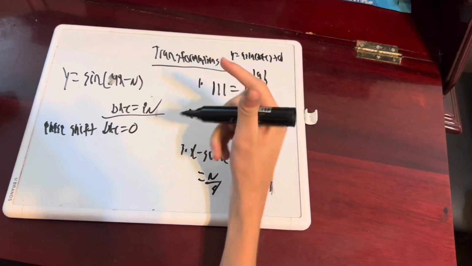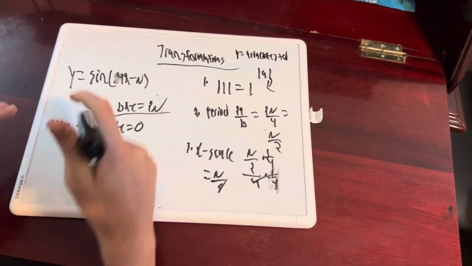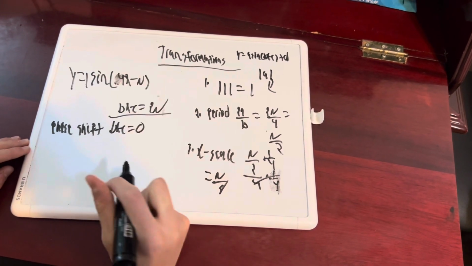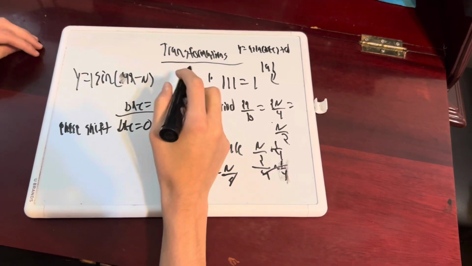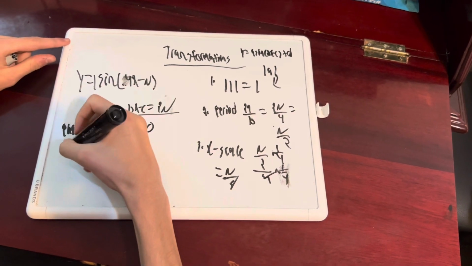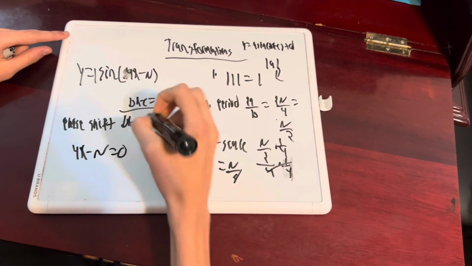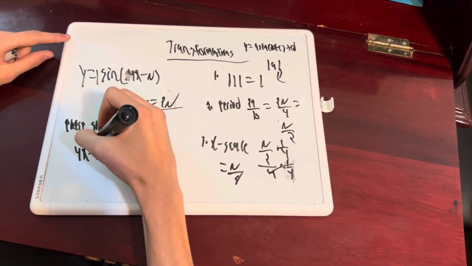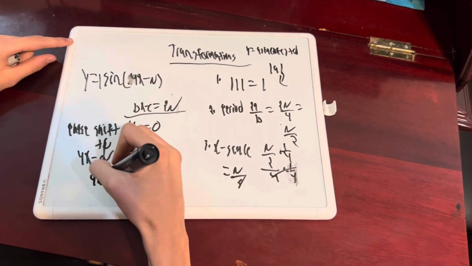And one thing, guys, I'm going to show you other transformations in the next video. This is just specifically for sine. The other one is going to be for cosine, and then we're getting to tangents. So what we do now is say that 4x minus pi equals 0. How do we solve a linear equation? We add pi to both sides. This cancels out, so we know that 4x equals pi.